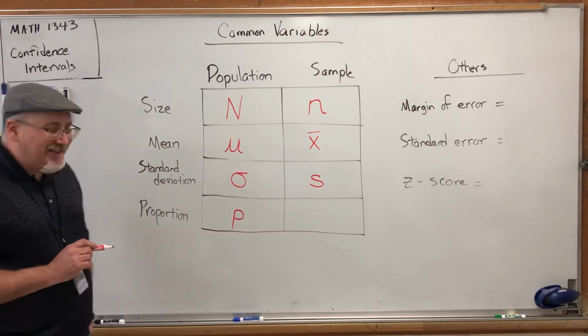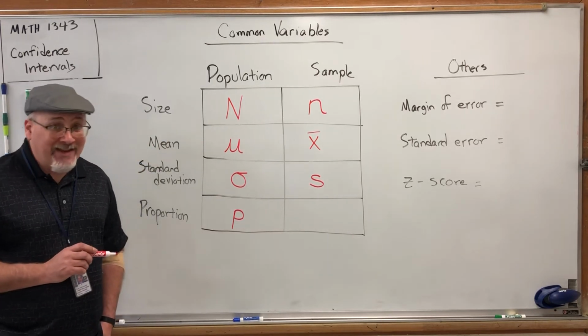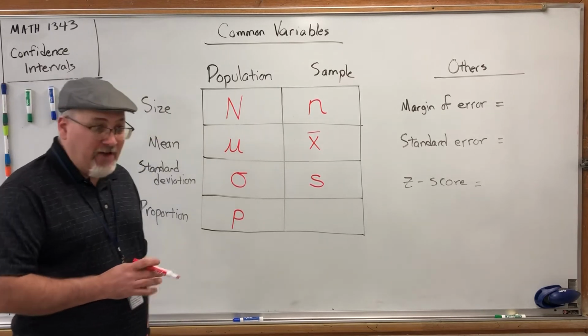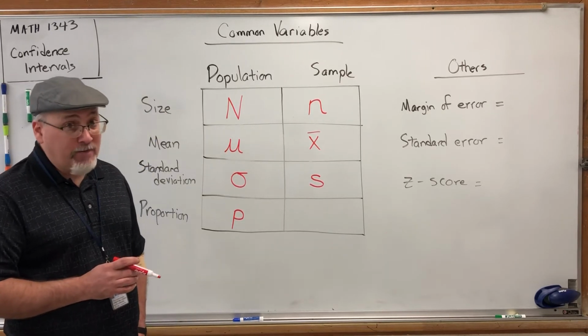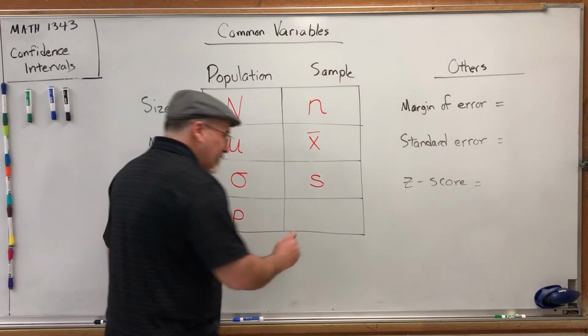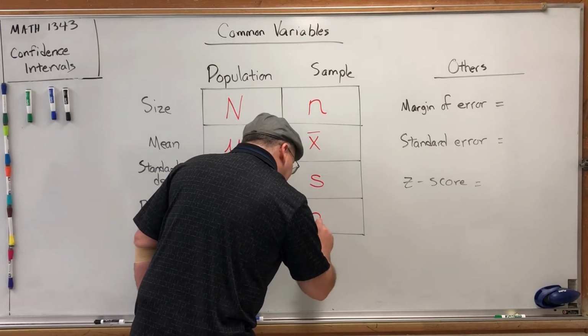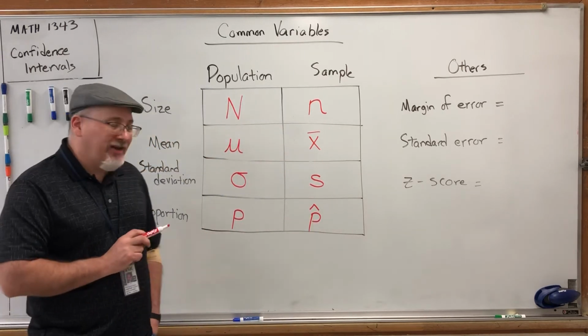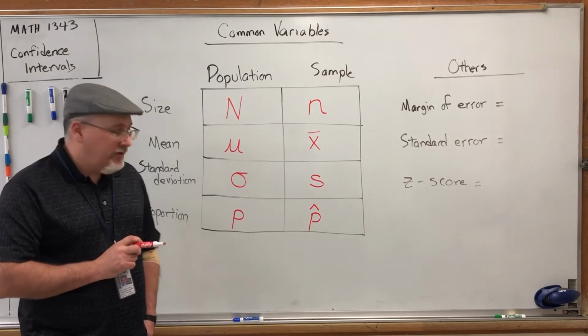But if you take a sample and measure what percent of it has a characteristic, for example, if we took 1,000 people and measured that 7% of them were unemployed, the variable for sample proportion is a p with a little hat on top of it, and that is commonly read p hat.